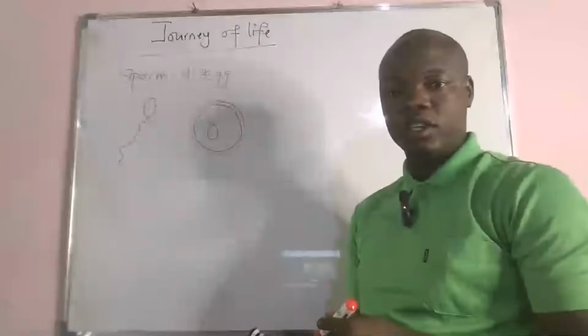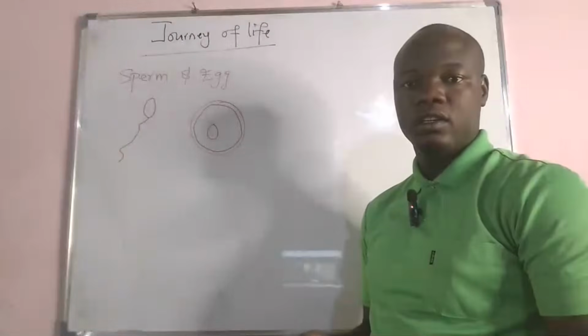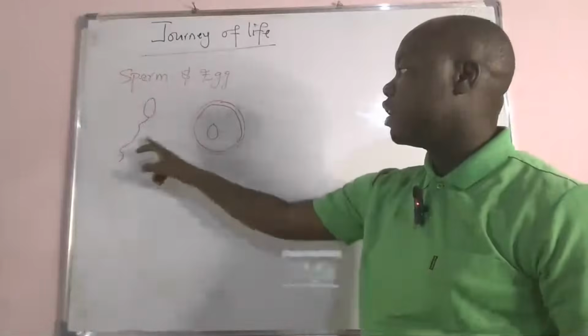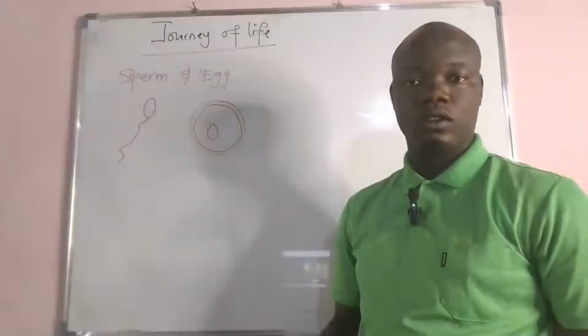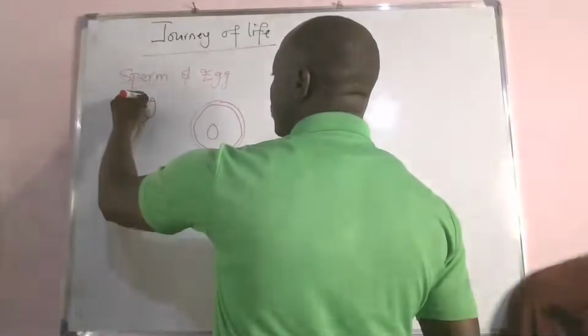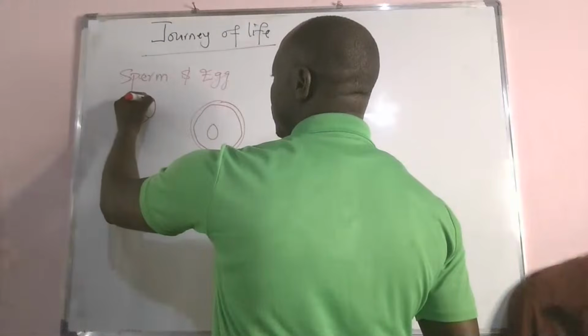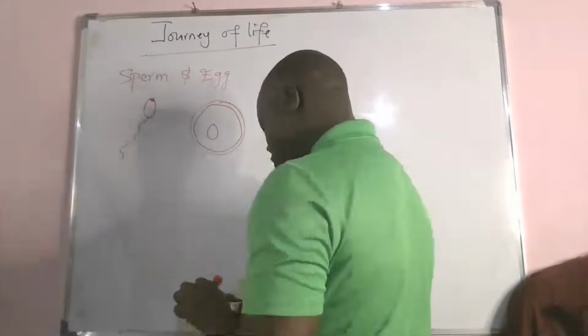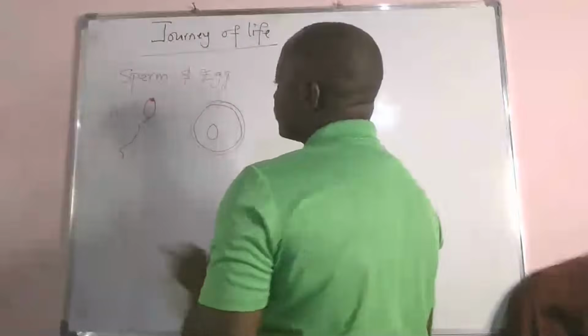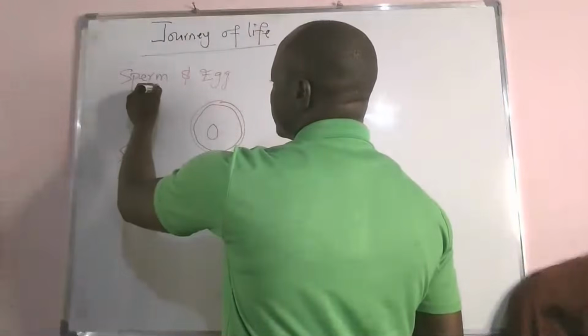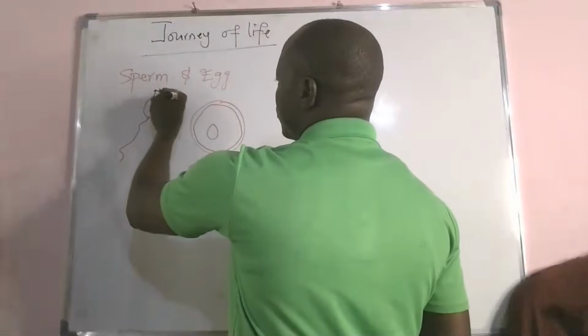I hope you can all see this. So this is the egg and this is the sperm. And then of course, we have what you call the acrosome here.